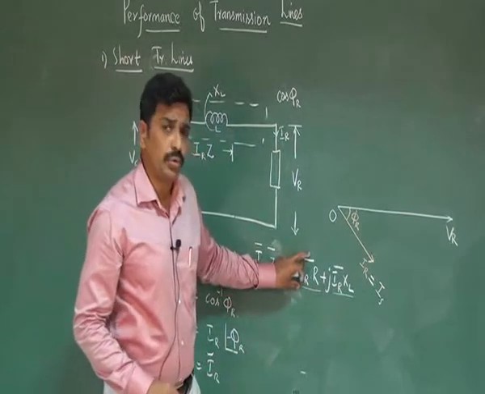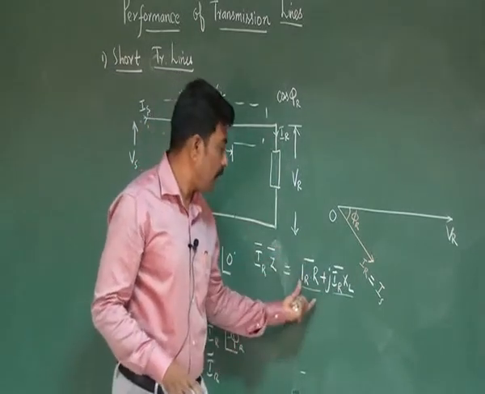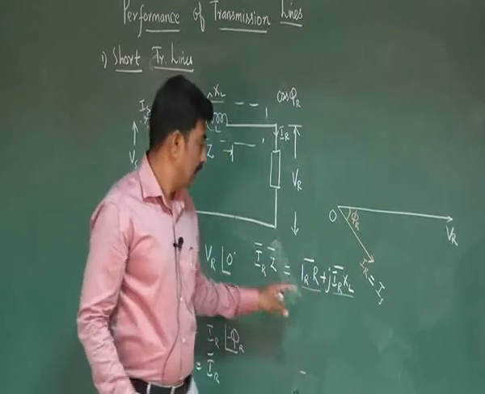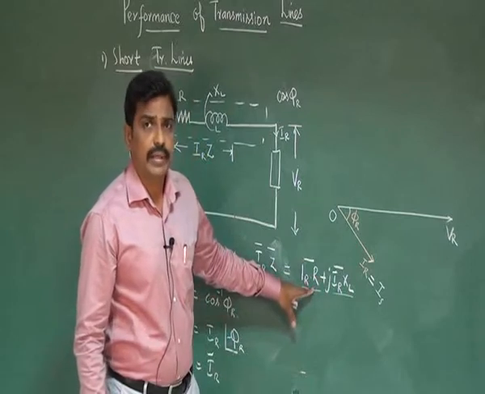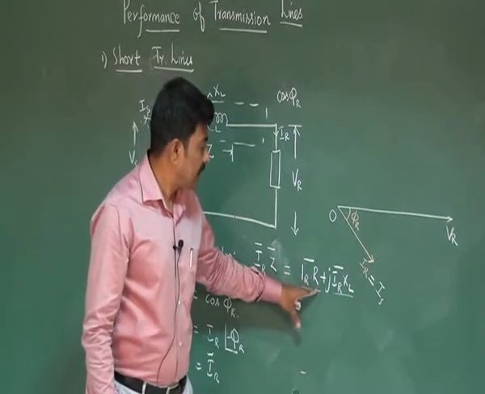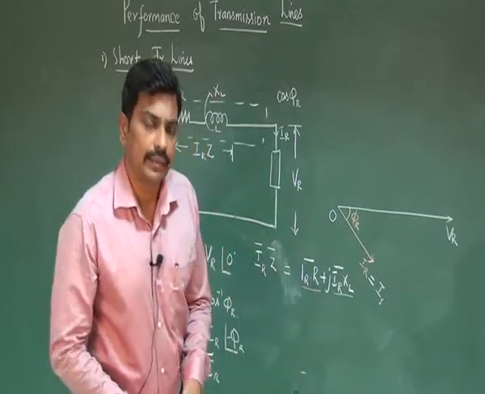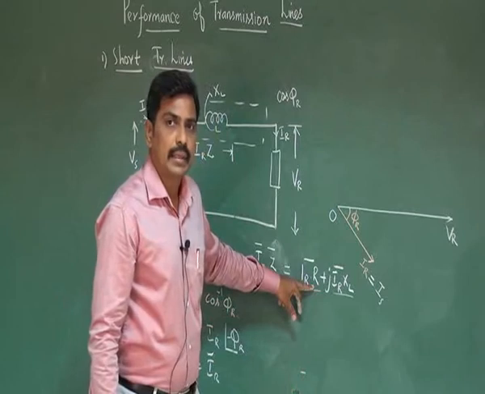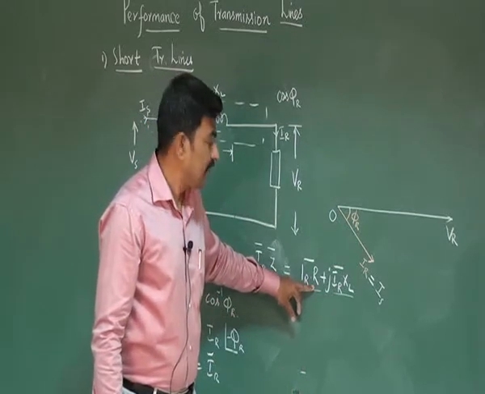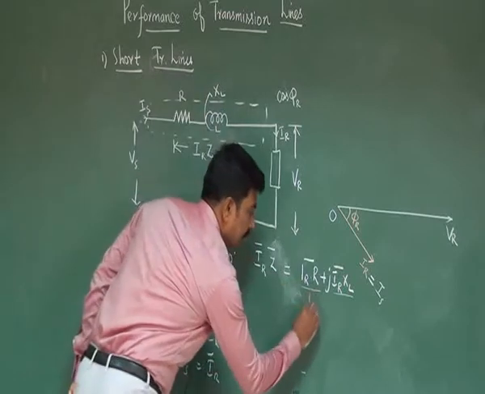Now these two voltage drops have different properties. So when we plot these two vectors, we need to be careful. First, we try to plot the resistive voltage drop vector. The voltage drop in resistance has a property, that the voltage drop is always in phase with IR.